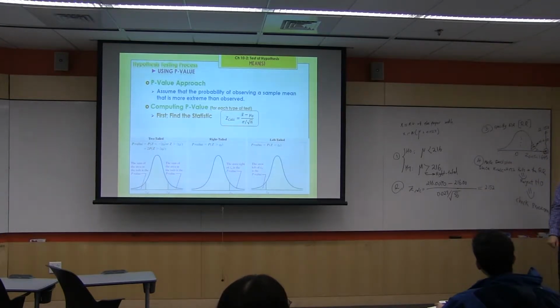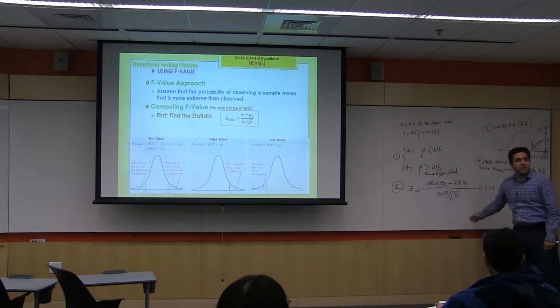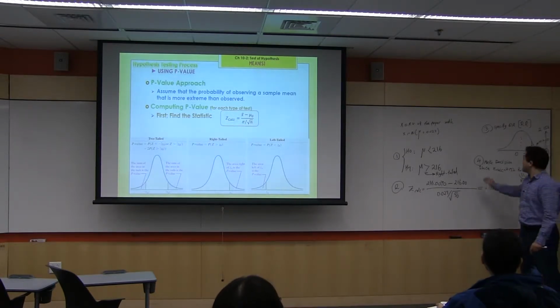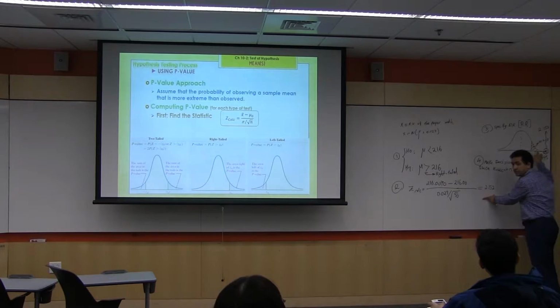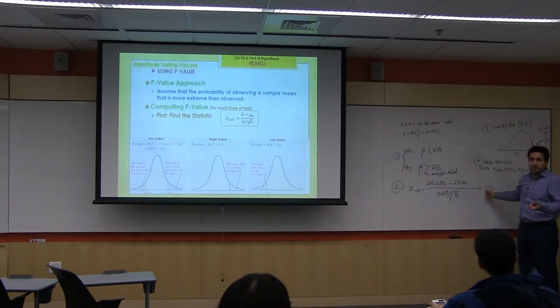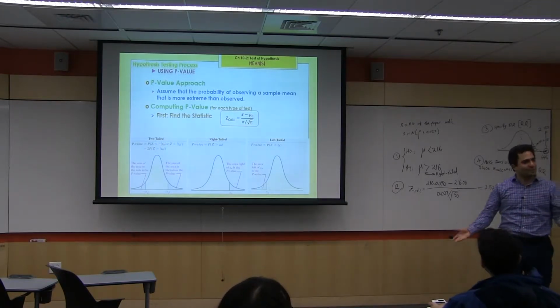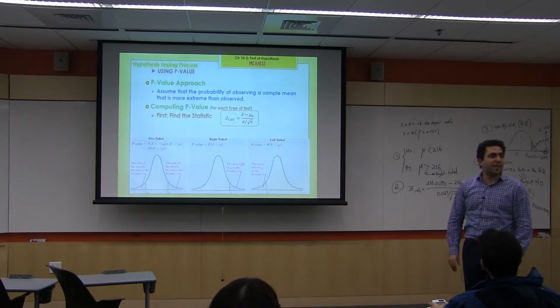We get the calc, we find the probability of this, and we compare the probability with alpha. Does it make sense? In the rejection region method, I had alpha, I found its z value, and compared z's together. On the other way, I can find the probability of this, which is a p-value, and compare it with alpha. Therefore, the second approach is called the p-value approach, the probability of the z-calc.